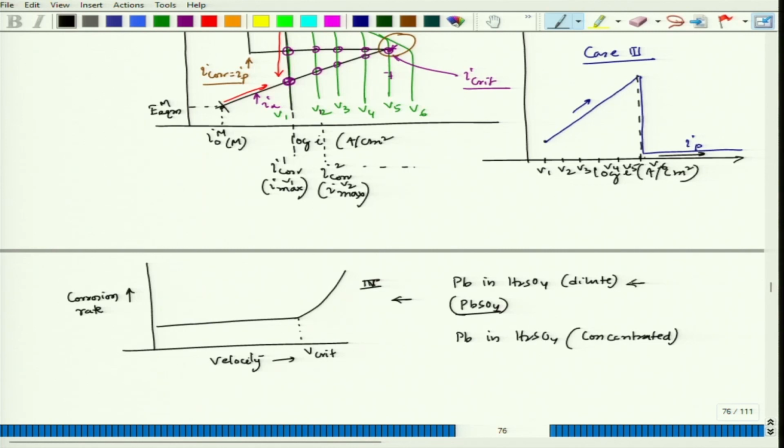But if we consider this in the dilute medium, if it is stagnant, then lead gives you fantastic protection, because it forms lead sulphate, but at a higher velocity lead sulphate will be dislodged, and then there will be exposure of the lead surface to the acid, and then it will keep dissolving at a very high rate. That is what we experience in this curve.